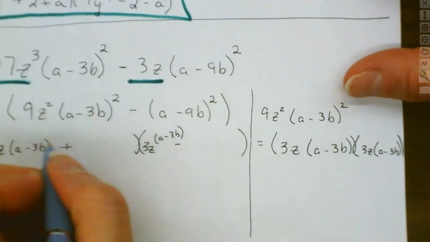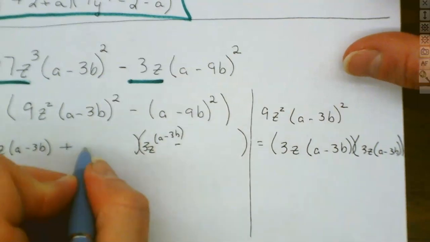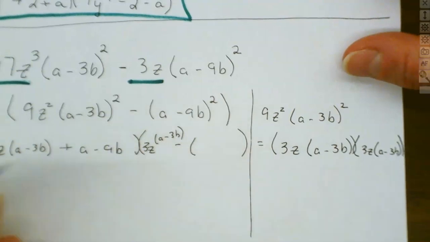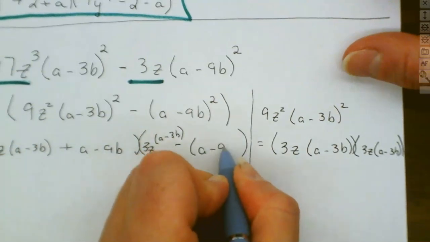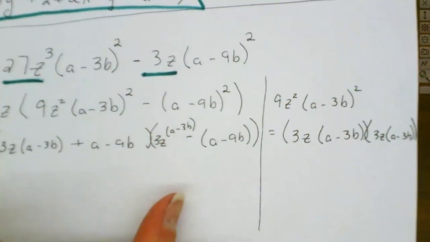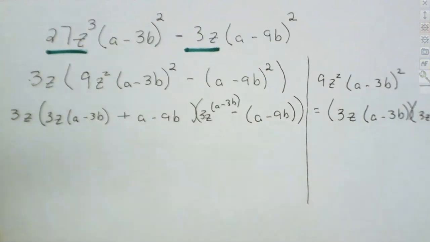And then for the next one, for the end over here, we have a minus 9b. And use parentheses on this one, a minus 9b here. It becomes a little bit tight on space there, but that's what we've got.